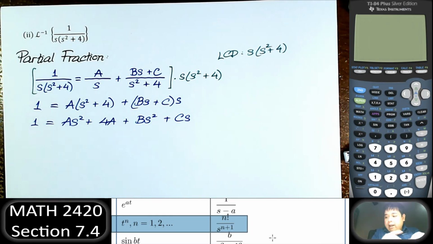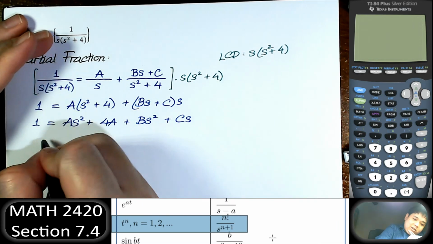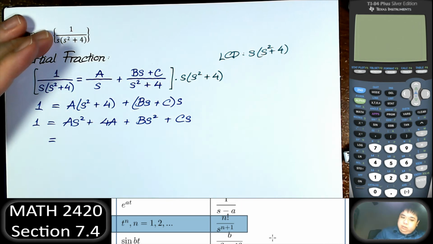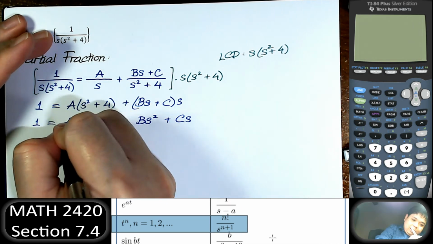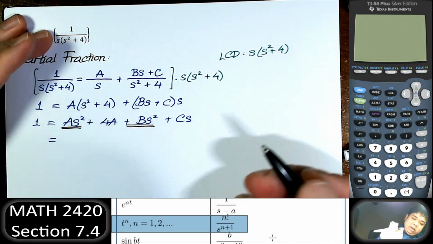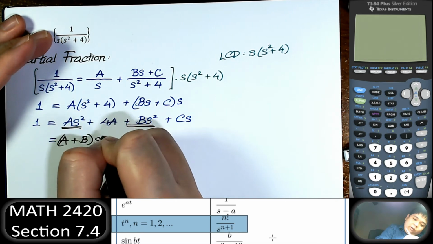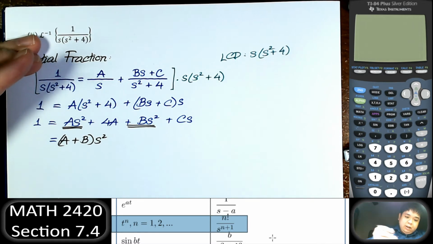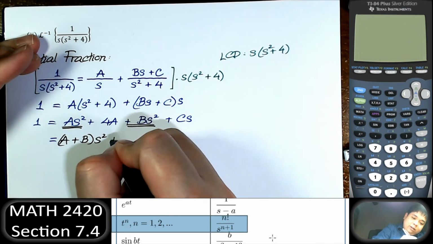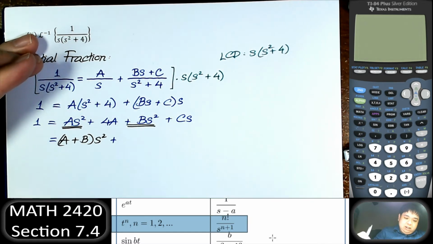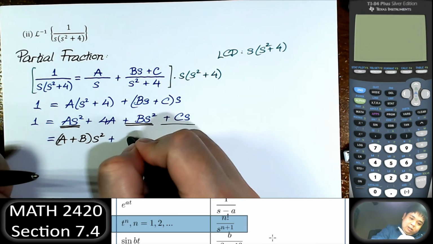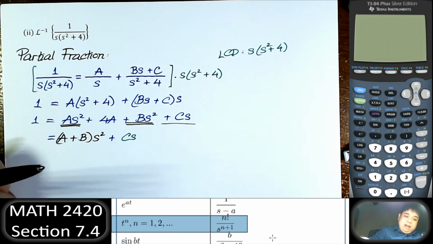Now just combine like terms. as squared, bs squared, factor out the s squared, and then we have cs, and then just 4a.